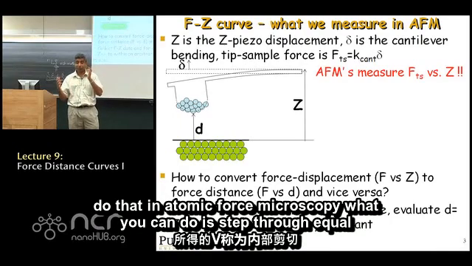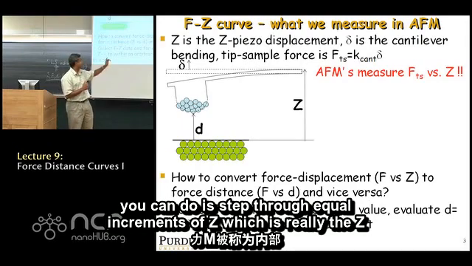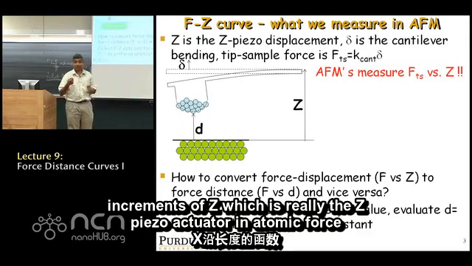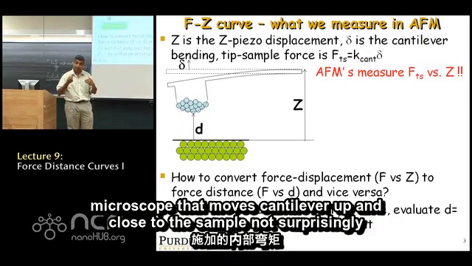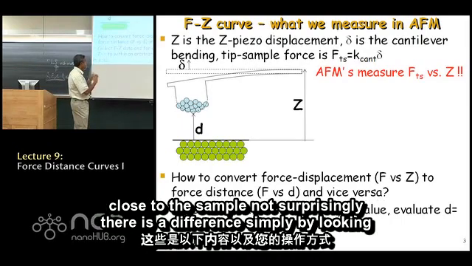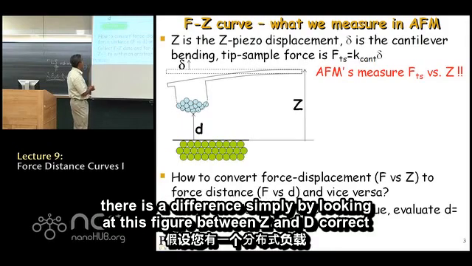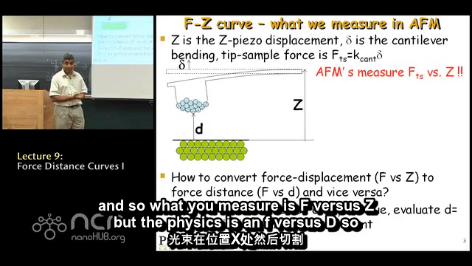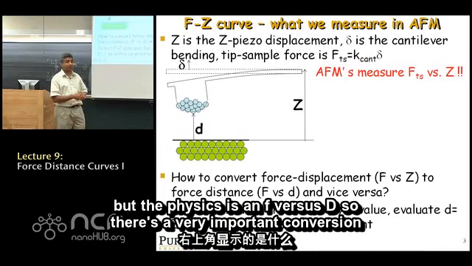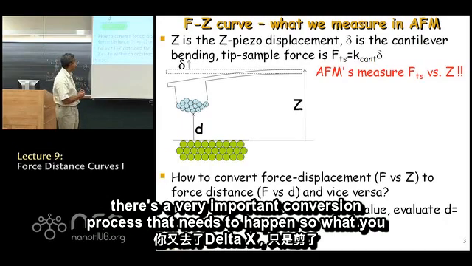What you can do is step through equal increments of Z, which is really the Z piezo actuator in an atomic force microscope that moves the cantilever up and close to the sample. Not surprisingly, there is a difference simply by looking at this figure between Z and D, correct? And so what you measure is F versus Z, but the physics is in F versus D, so there's a very important conversion process that needs to happen.